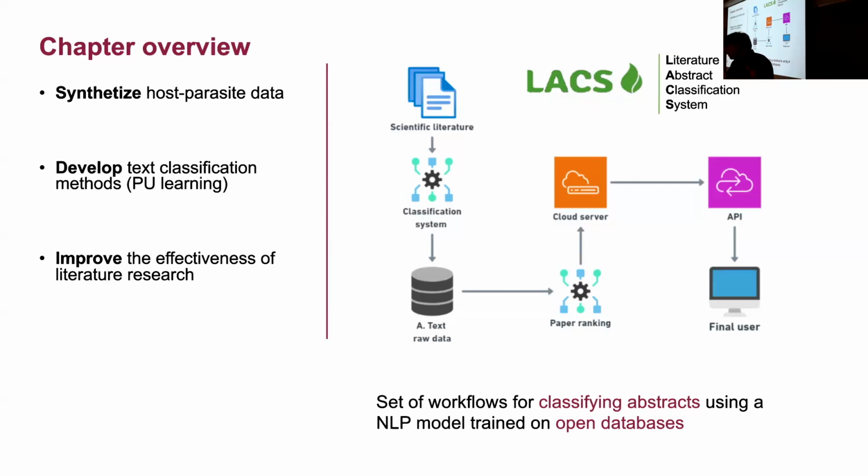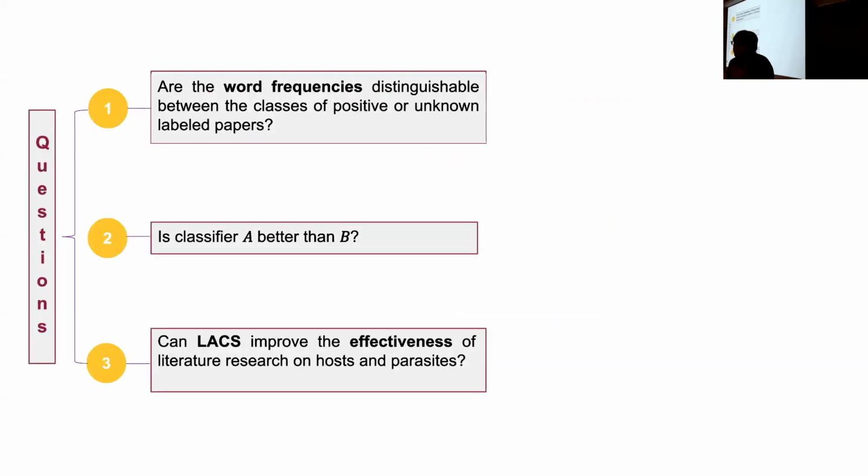So the implementation of this was designed to synthesize the host parasite data, but you can actually train it in any area you want. Okay, so the main idea of how it works: this is not a fancy large language model like we have nowadays with ChatGPT or the other language systems.